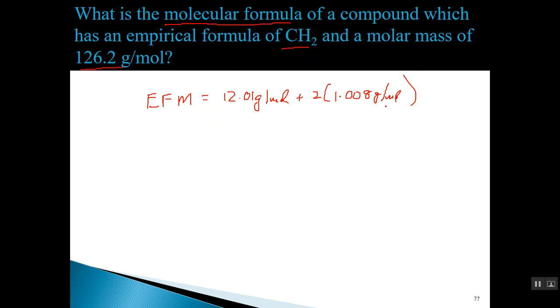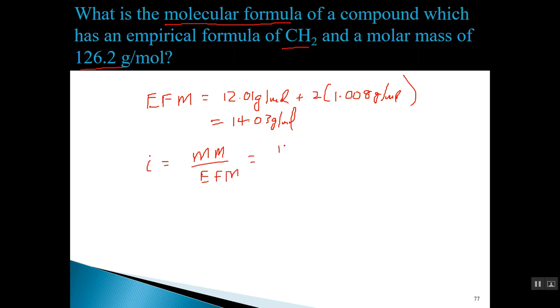And when you add them up, so 2 times 1.008 plus 12.01, you're going to get 14.03 grams per mole, right? So I would be equal to the molar mass divided by the empirical formula mass.